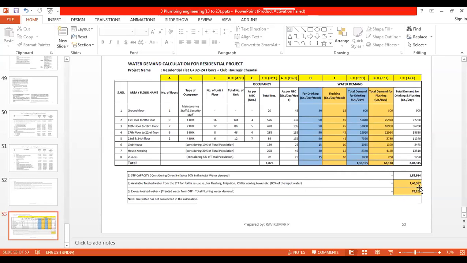How much are you getting from the STP? 146 you are getting from the STP. Of this 146, you will use 60 kiloliter for flushing purpose. The remaining 78 kiloliter you are going to discharge. This is the chart, the summary of the water demand. Like that, you have to show.